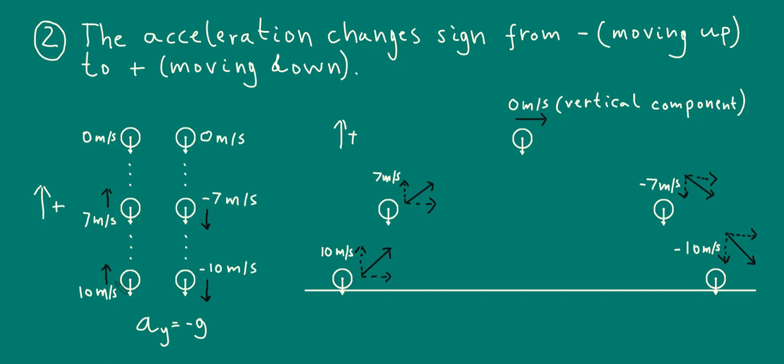And compare that to over here, 10, 7, 0. Minus 7, minus 10. Okay, so what this means is that the vertical acceleration, if I call it a_y, so y denotes that we're talking about the vertical acceleration, is equal to minus g, just like it was over here for the ball that went straight up and down.